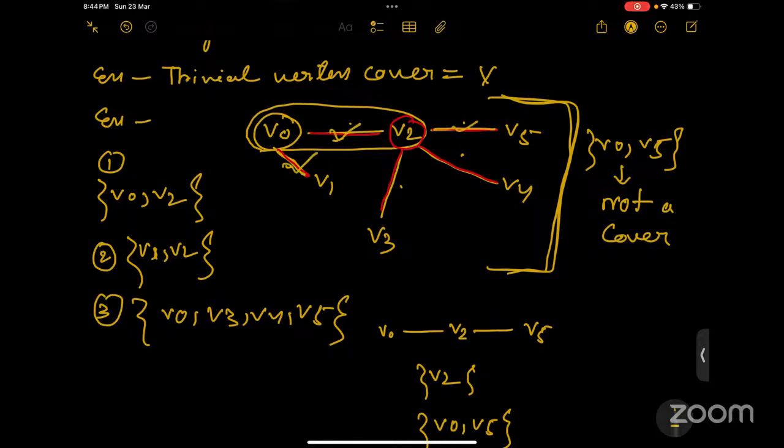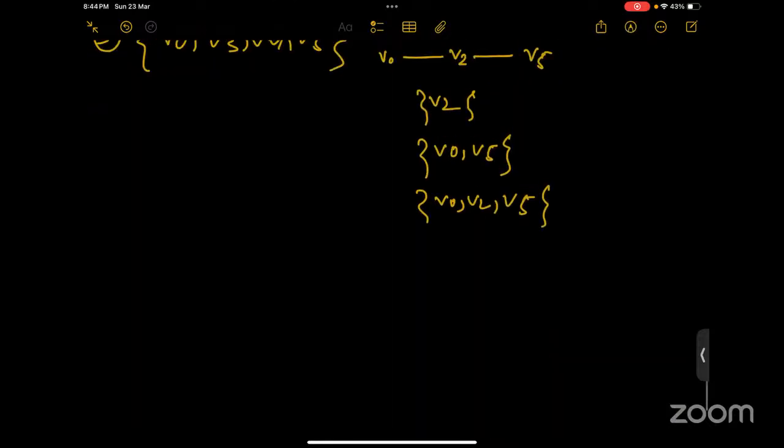What about these two? We can't cover them with V0 and V5, so this is not a cover. Similarly, if I take only V2 here, this will also not be a cover, because this edge, with V1, can't be covered with only V2. So again, suppose we have V2.